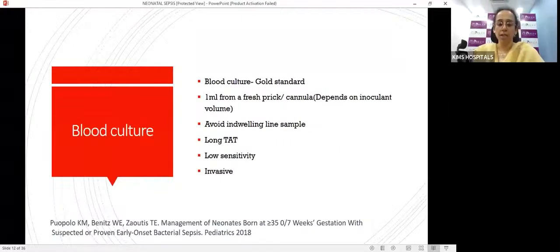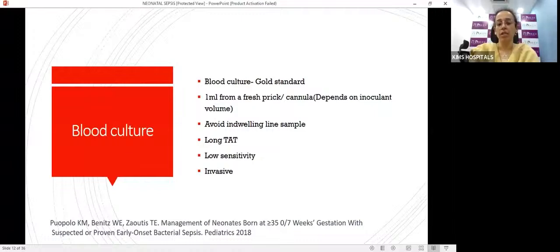So the first biomarker which we commonly use in all setups is the blood culture. Blood culture is the gold standard in defining neonatal sepsis. But in many scenarios, the volume of the sample collected or the inoculum might be less, due to lack of knowledge about the volume and also lack of blood volume collected in that particular prick from the baby.